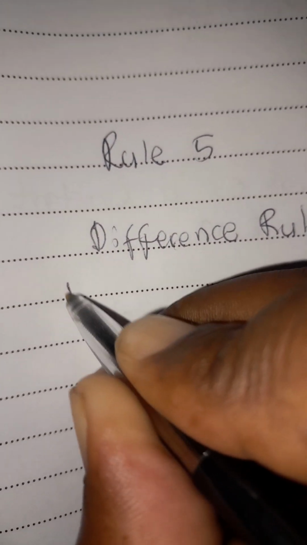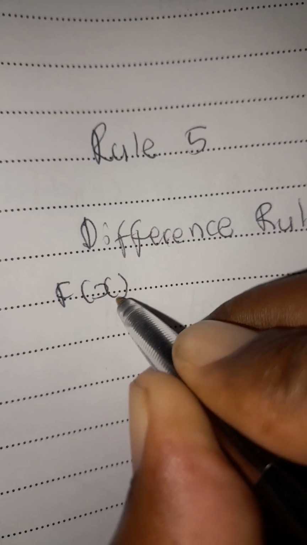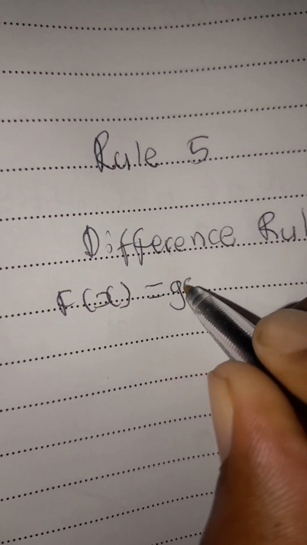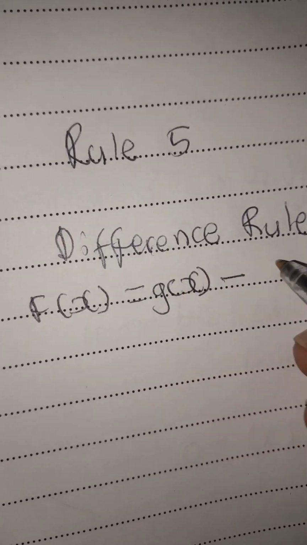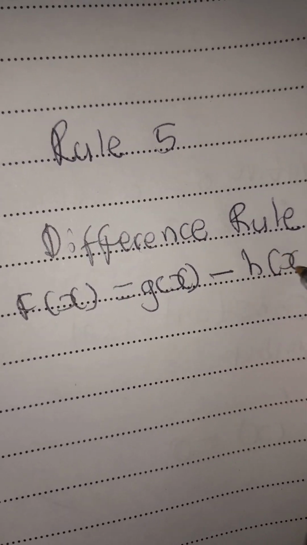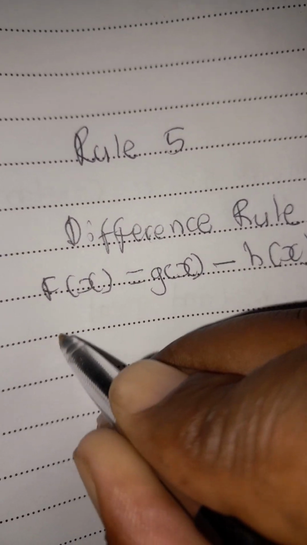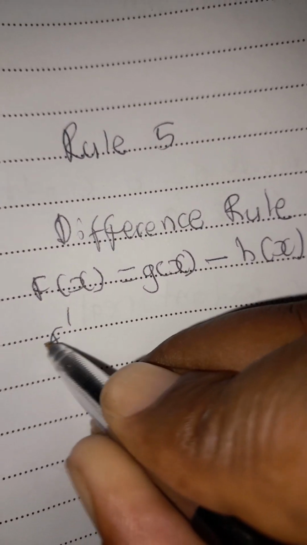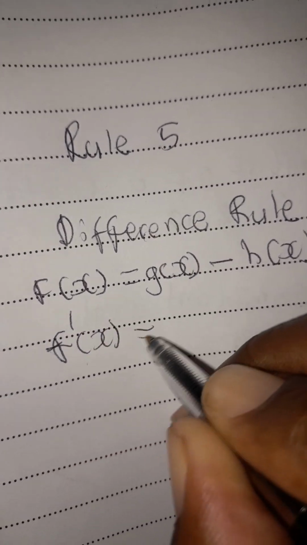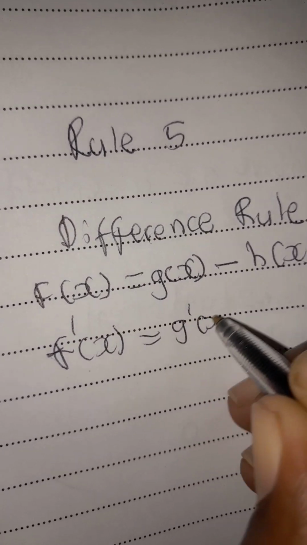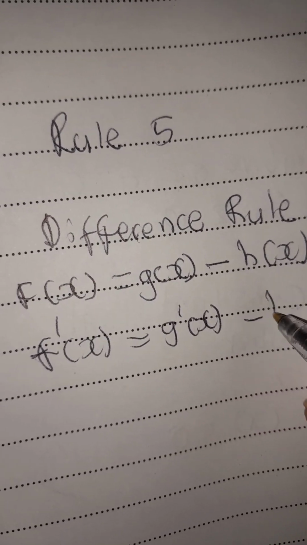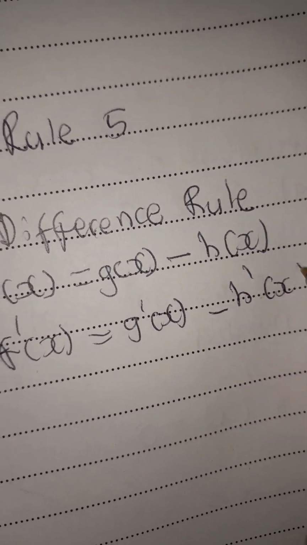So let's consider f of x. If f of x is equal to g of x minus h of x, what will be the derivative? The derivative of f of x is the derivative of g of x subtracted by the derivative of h of x.